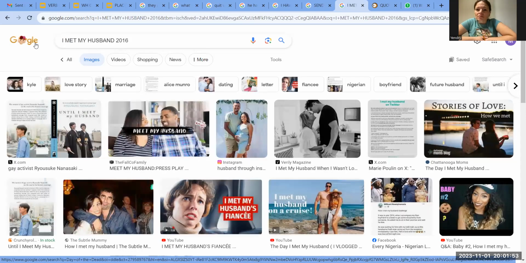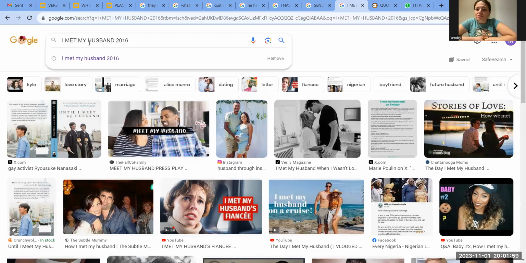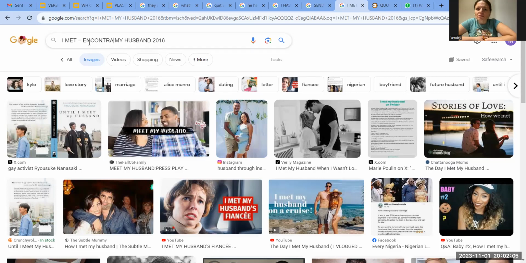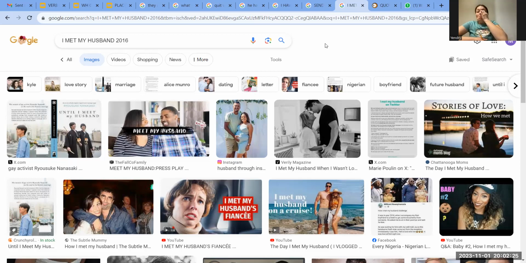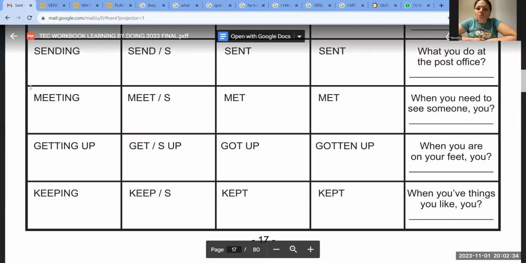So now you're using it in the past. That's the meaning of meet as a verb. And as a noun it is reunión. Entonces nos encontramos, nos conocemos, nos conocimos, right? I met. And as a verb it's just that. Es reunión, reunirse.